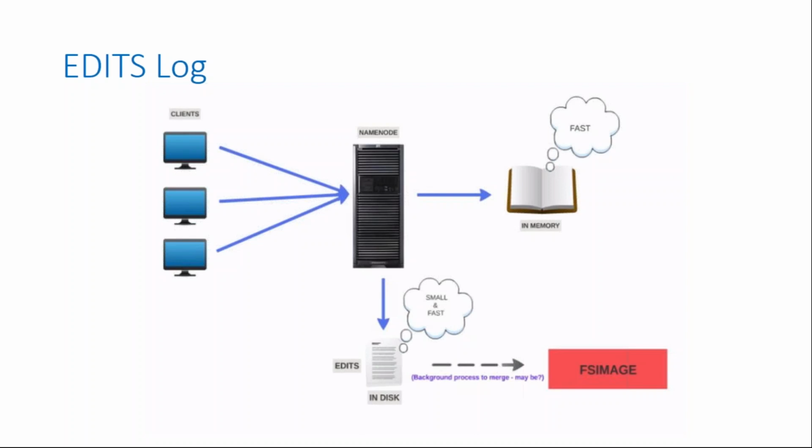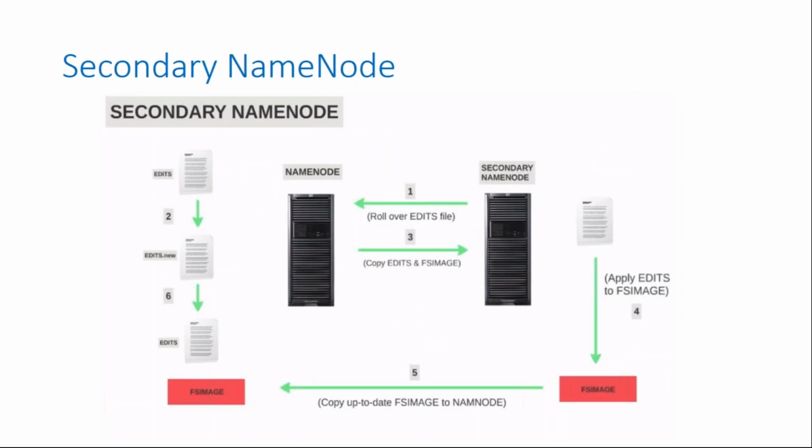The name node basically runs everything on the cluster, so this would be an extra burden on it, which would potentially slow down the performance. So if the secondary name node handles writing the edits log into the FS image, this would make the name node a lot faster.